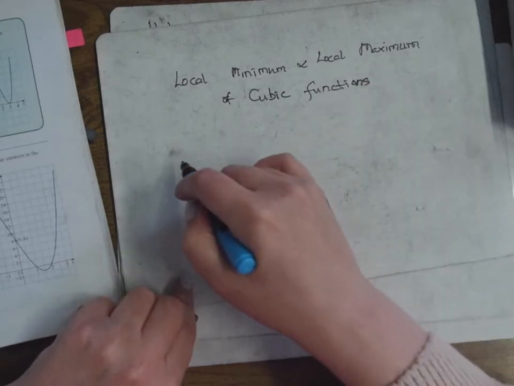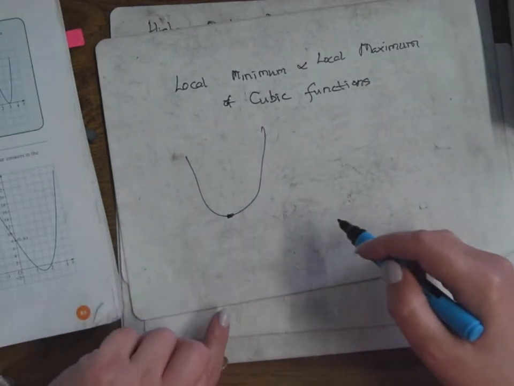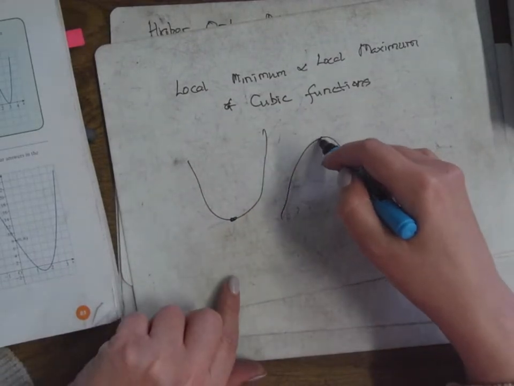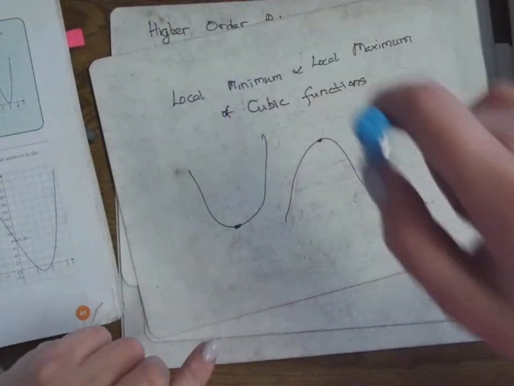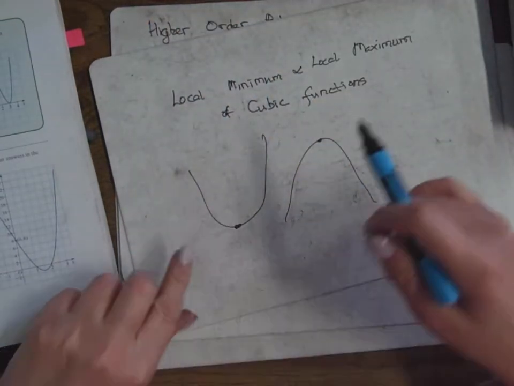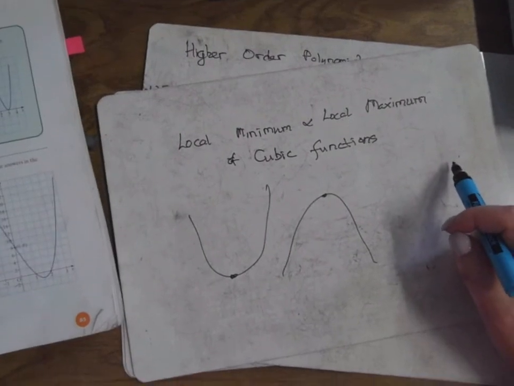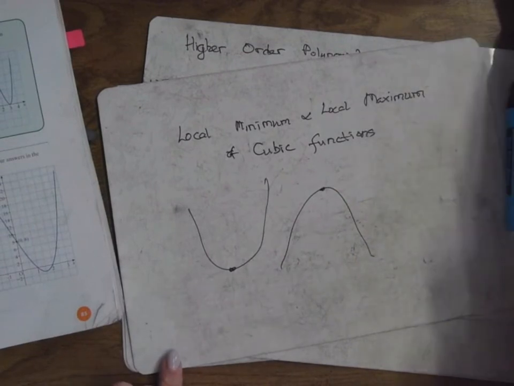Remember when we had a smiley face, we had a minimum point, and when we had a sad face, we had a maximum point. Would you agree? So we had a maximum and a minimum when we were doing quadratics.